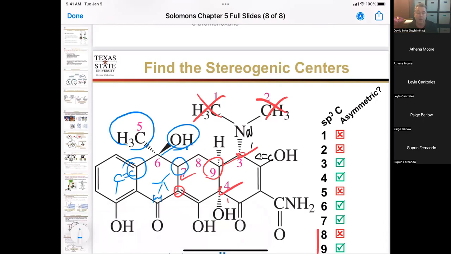When you look at that, this carbon is different than that carbon because of the double bonds. This carbon is different than that carbon because of the hydrogens. And this is an oxygen, which is different than all the other carbons. So that means that 6 must be chiral.